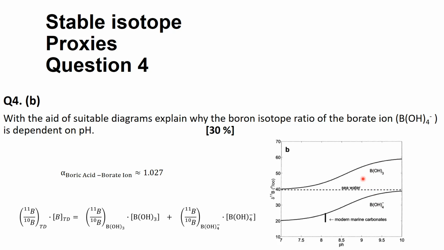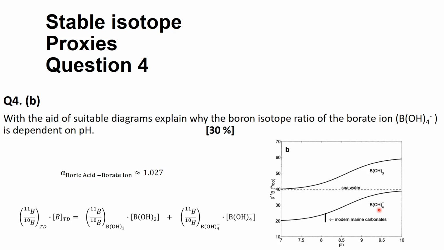Now that fractionation factor is not dependent on pH, but importantly, if we look at the mass balance of boron isotopes, if we were to take all of the boron 11 in the boric acid and in the borate ion, we were going to add that all up, that should equal the total amount of boron 11 in the ocean.